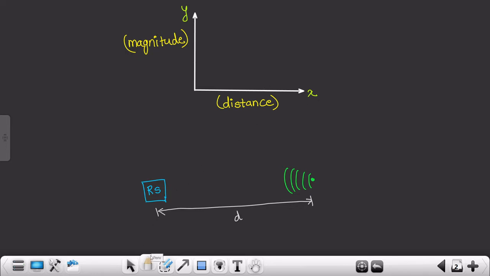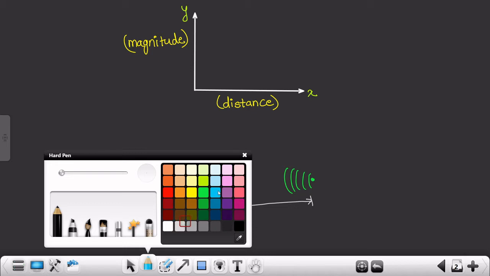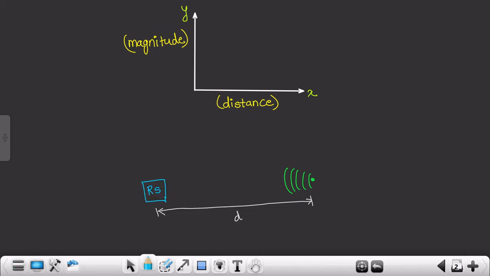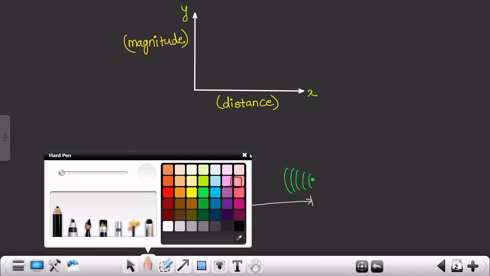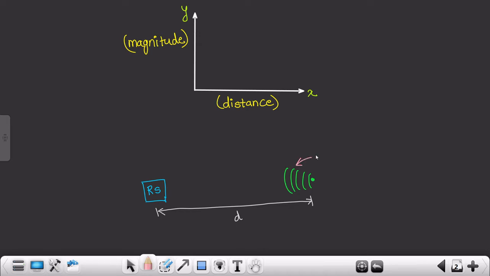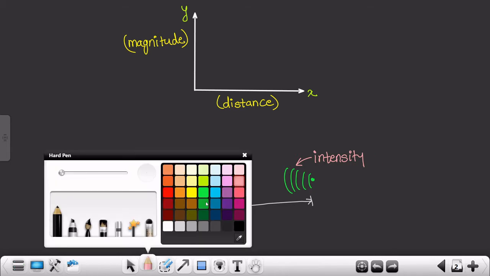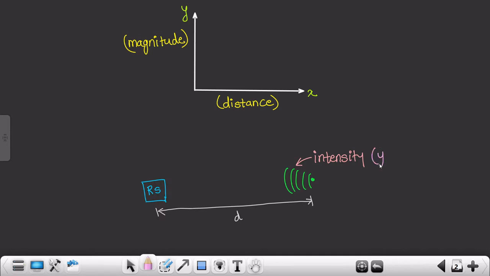And the intensity of the earthquake, the intensity or the magnitude, we are plotting on the y-axis. I will represent intensity with y, and distance we are going to represent on the x-axis.